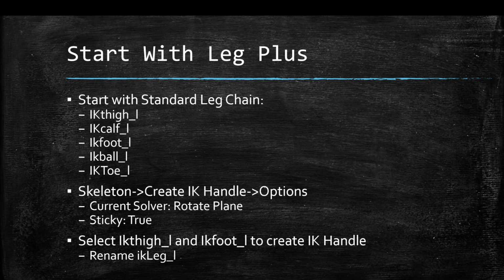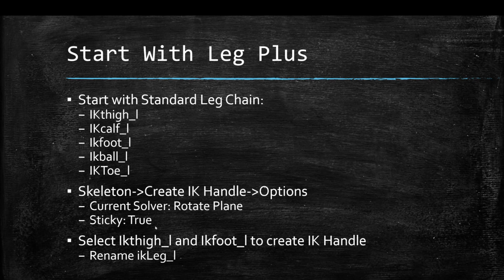And then when we create the IK handle, we're going to set it to rotate plane, which is usual, but then we're going to say sticky is true. Sticky helps get rid of unwarranted rotations along the way.